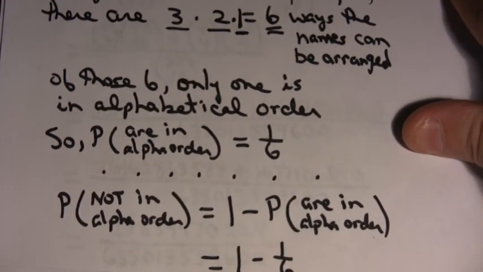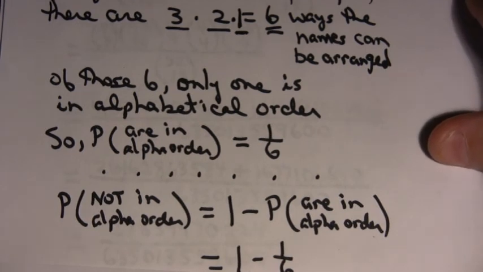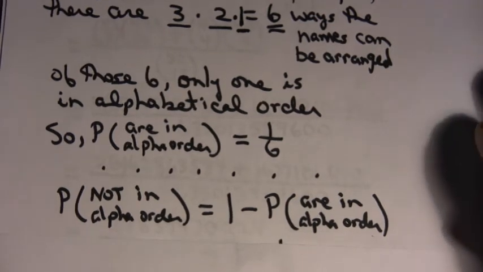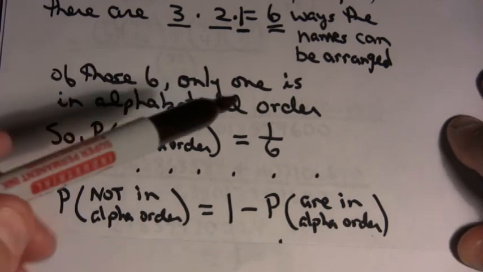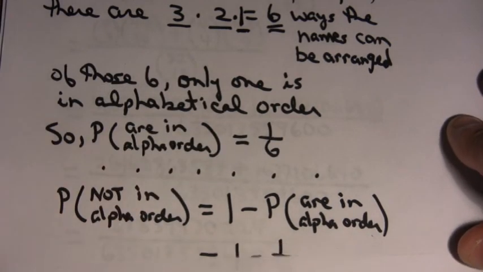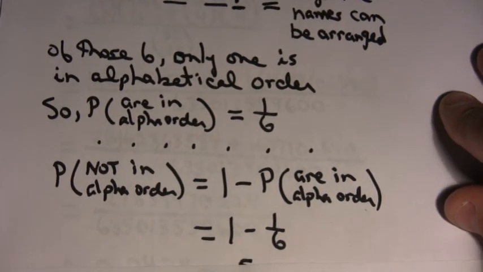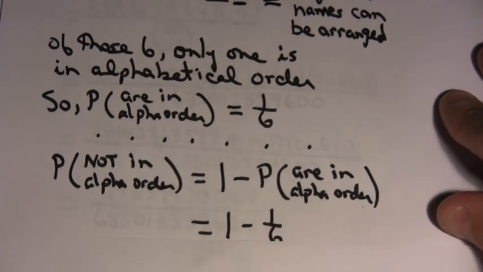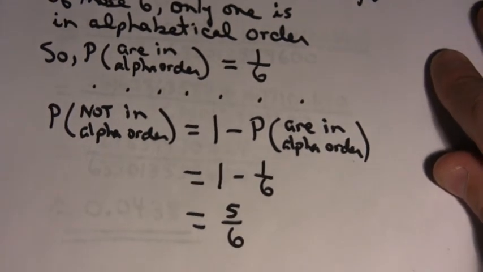We were looking for the probability they were not in alphabetical order. So the probability they're not in alphabetical order, as we said earlier, is 1 minus the probability that they are in alphabetical order. Since we just found out that the probability that they are in alphabetical order is 1/6, the probability that they're not in alphabetical order will be 5/6.